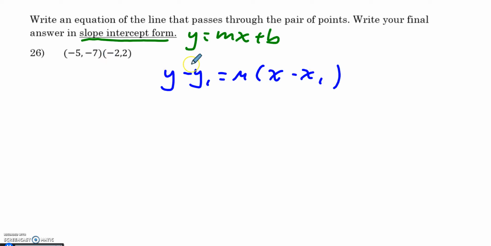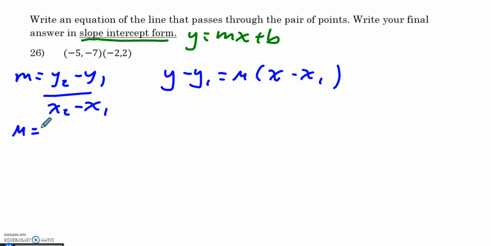Before I work with this, though, the piece of information that I don't have is slope. So I'd have to find the slope, y2 minus y1 over x2 minus x1. So if I call this x1, y1, x2, y2, I would have 2 minus -7 over -2 minus -5.